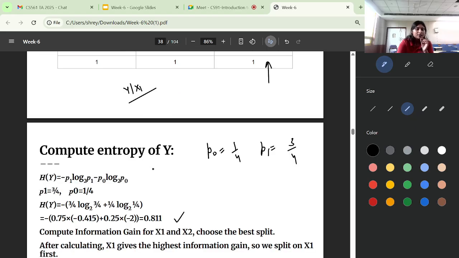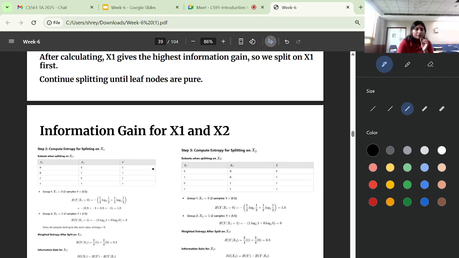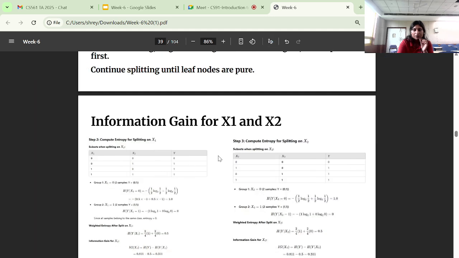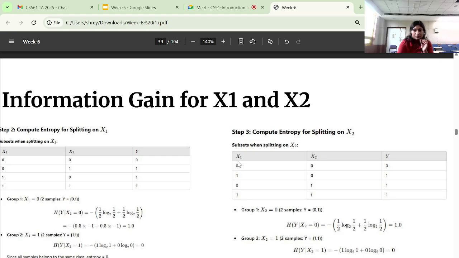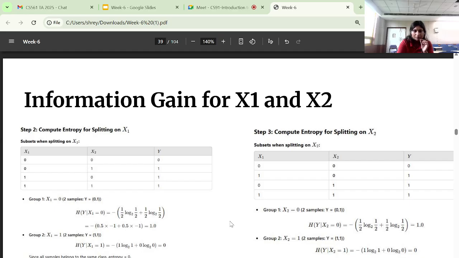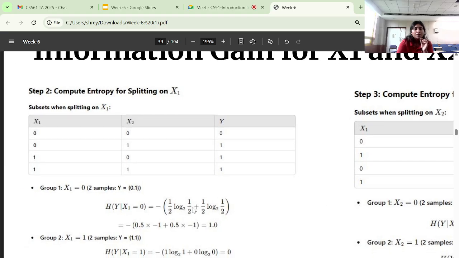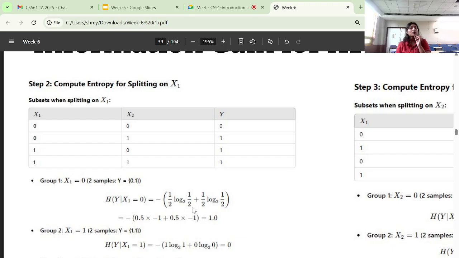See here, you have calculated the entropy of y. Now you will calculate the entropy for x1 and for x2. It's not just x1 and x2; you calculate the entropy of y given x1.